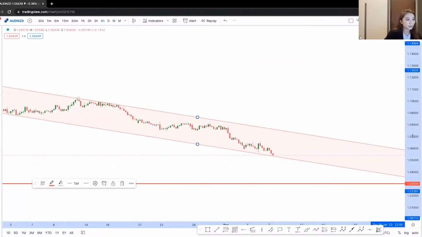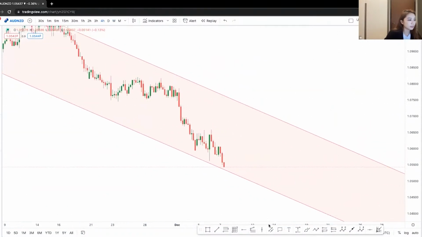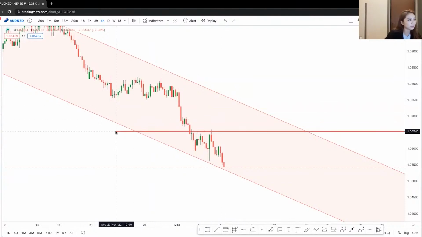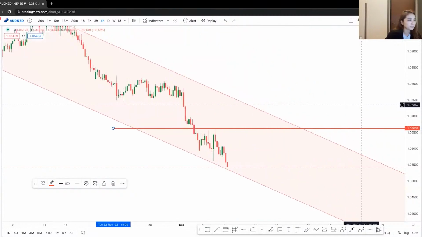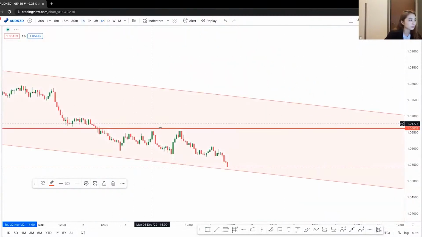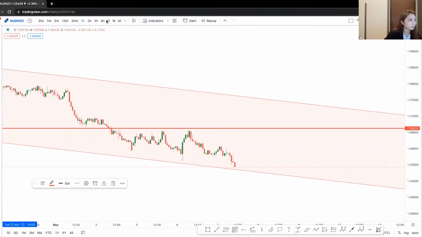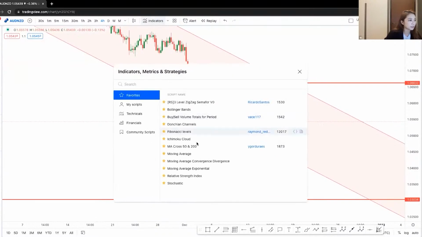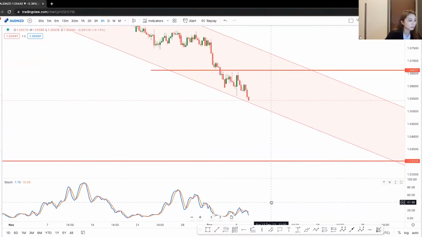So look at H4. I would say even though it is a downtrend, it is looking at a possibility of short-term recovery, short-term retracement. Let's take out stochastics first because I want to see, is there any chance of divergence?